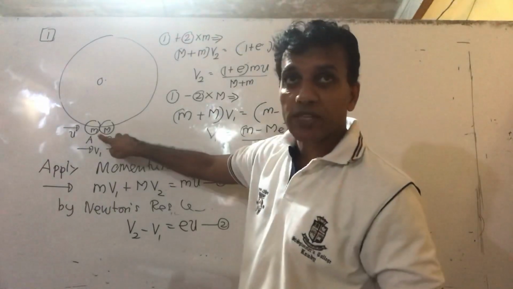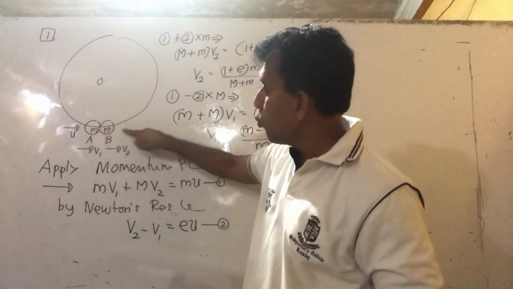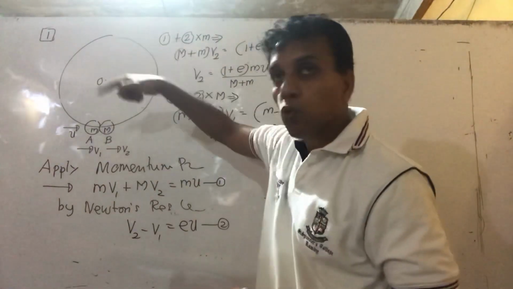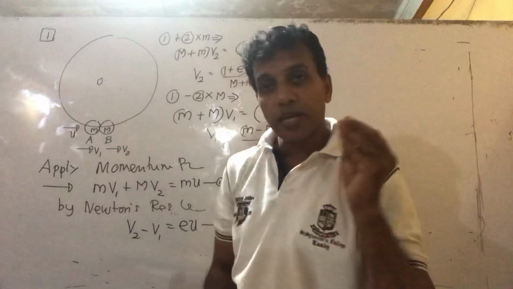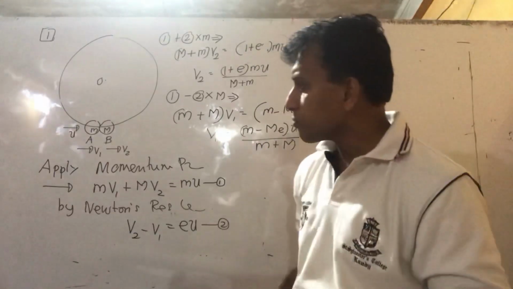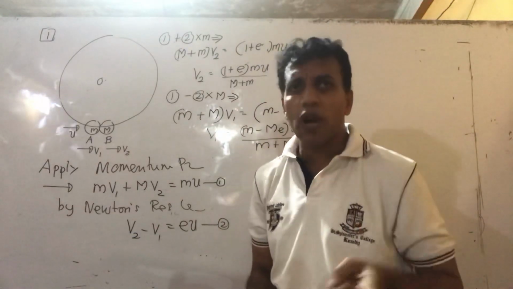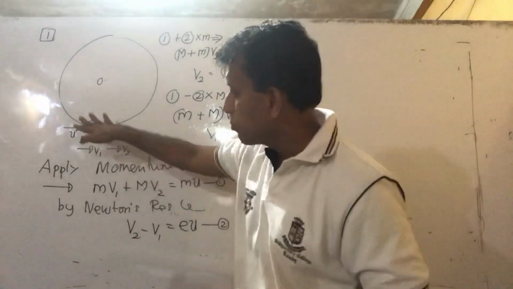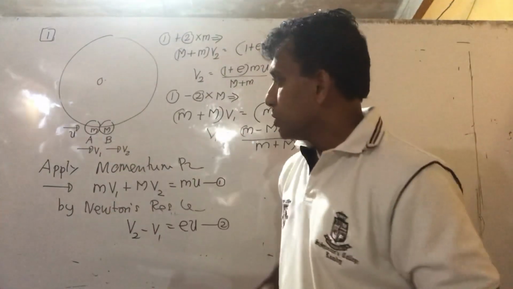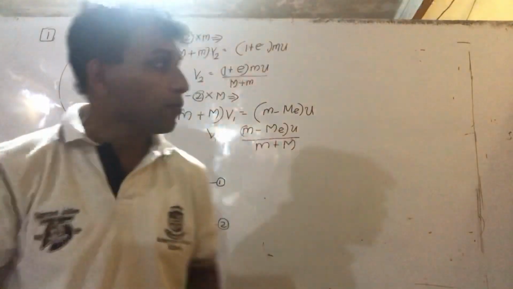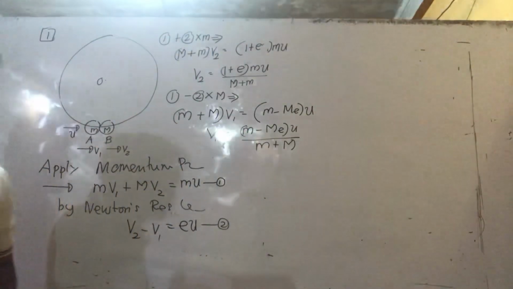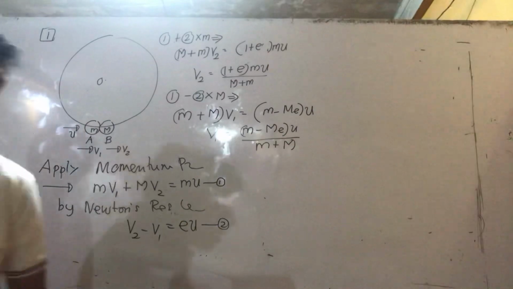If I assume the first collision is here, A moved here, then B moved and collides again with A. So on the first occasion A collides with B, but on the second occasion B collides with A, because both are moving in the same direction. Both are moving after the collision, so we have to check with the relative motion idea.